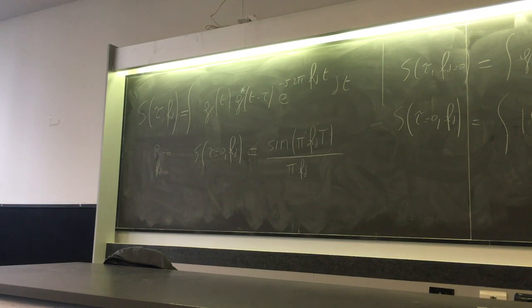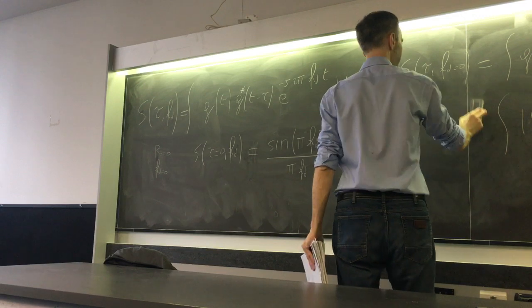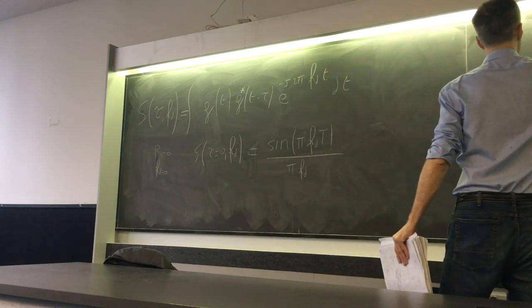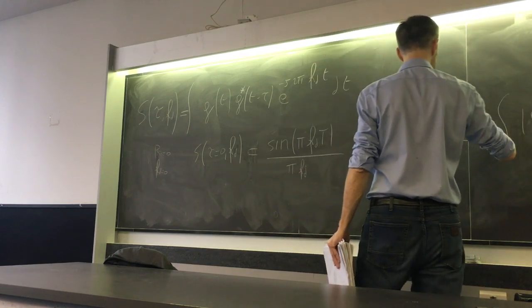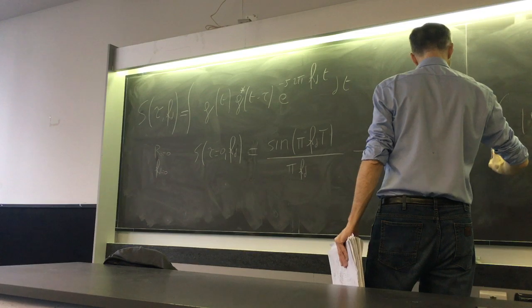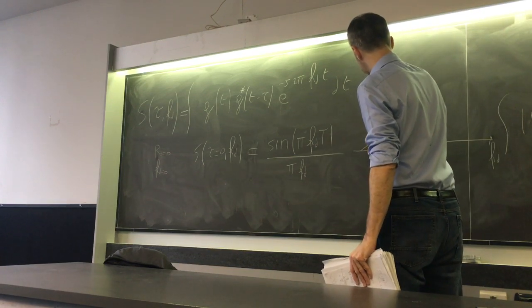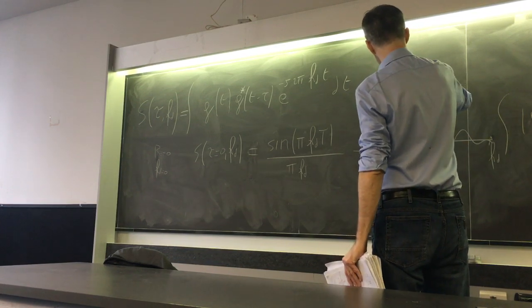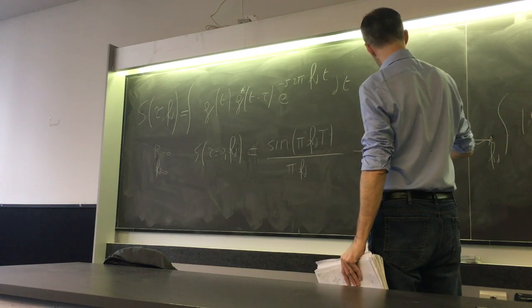The section for tau equal to 0 is given by this expression, and its graphical representation is something like this. This is a function of Fd. So this is the peak. The peak is in 0, of course.